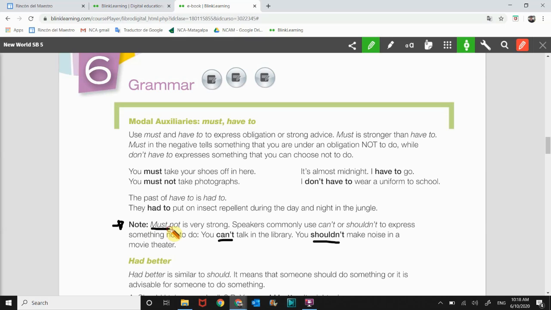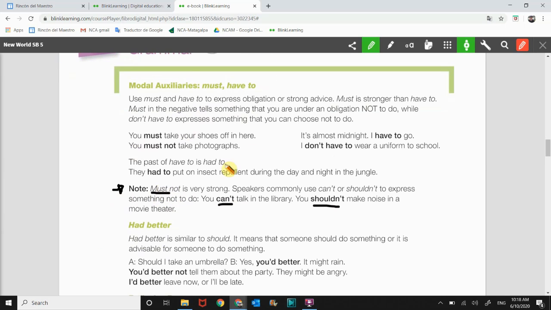People view must not as very strong. You must not. Like it's an order. So there is no choice, there is no option. You must not. So this is very, very strong. These are a little more polite, I guess you could say. And then, so that's must and have to.